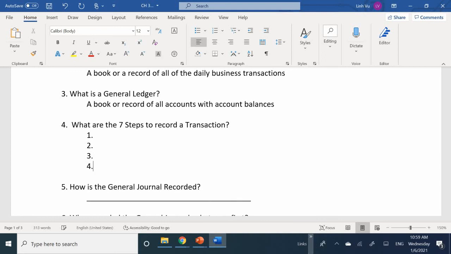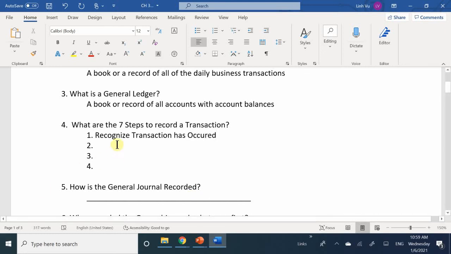Recognize the transaction. Good, that's the first one. Understand how the transaction affects the business.